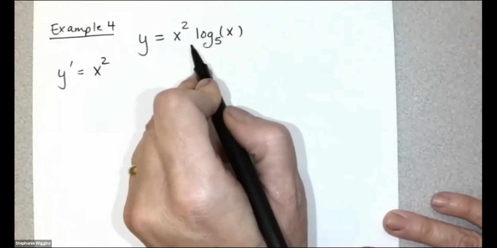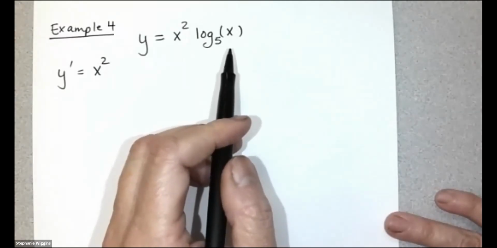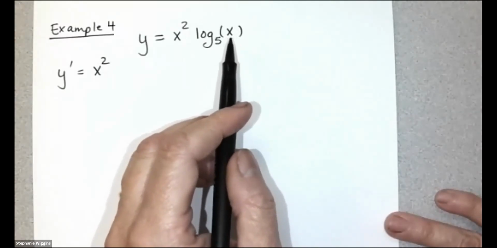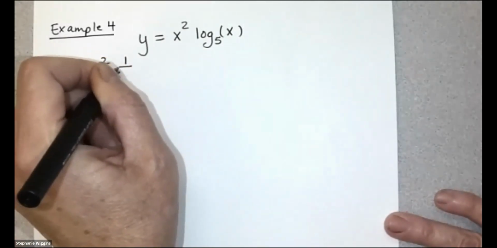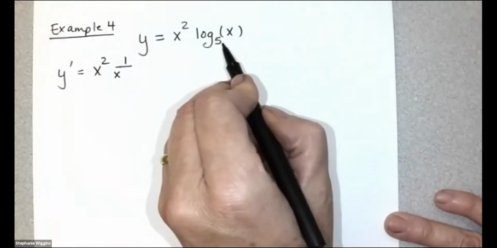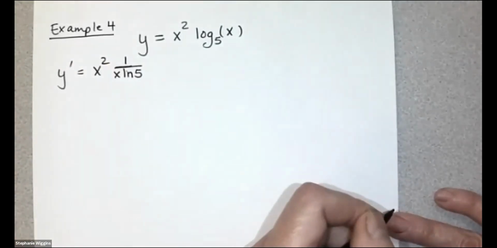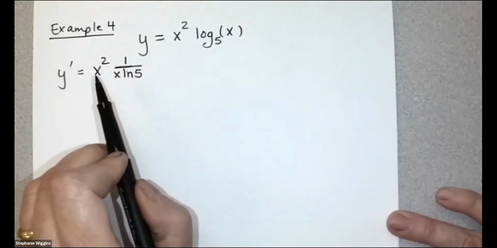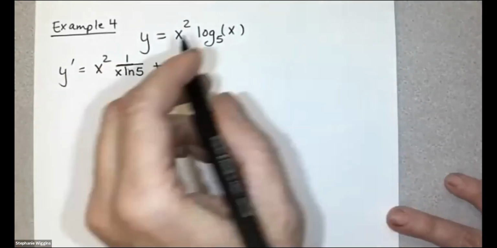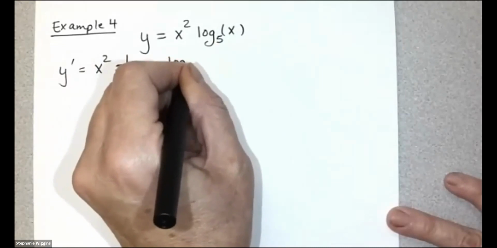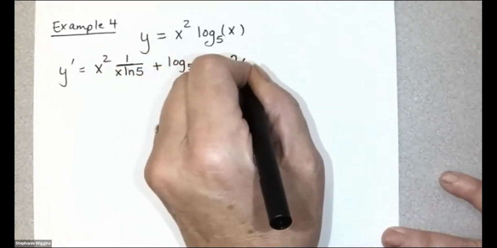So taking the derivative of this, whenever you take the derivative of a log function, you take 1 over x, so we just have plain old x in here. But because this base is not e, we multiply by ln 5 in the denominator there, like that, okay? So we have the first function times the derivative of the second, plus the second function times the derivative of the first.